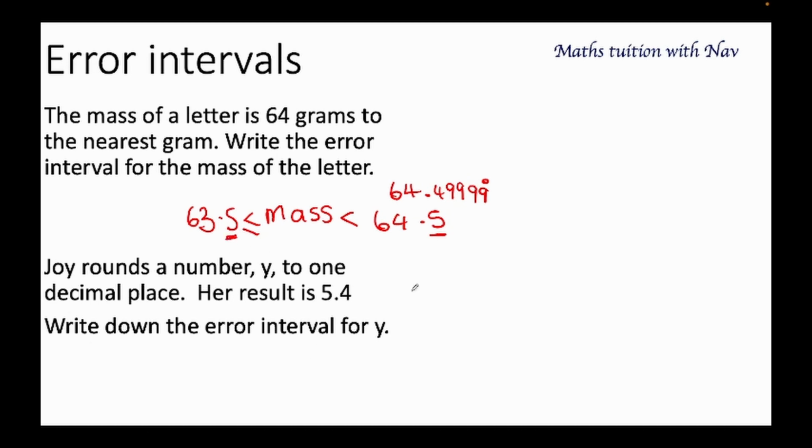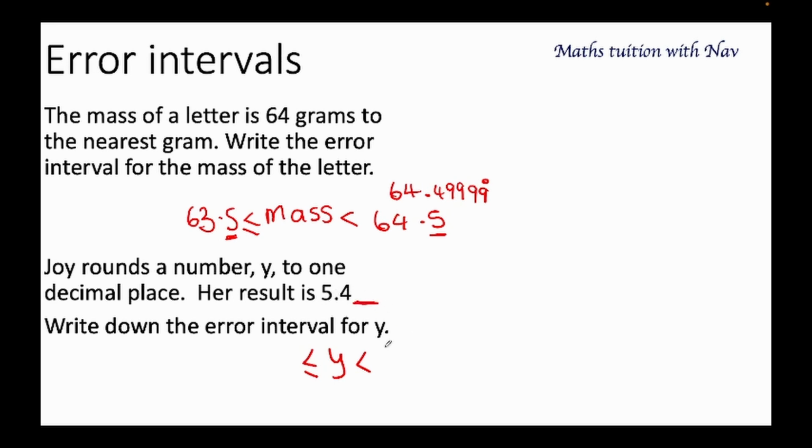Round the number y to one decimal place. Her result is 5.4. So it has been rounded to 5.4. Write down the error interval for y. So I'm going to start off by writing y in the middle, put my inequality signs in. And as it's 5.4, that means there's a number that's missing that was here.